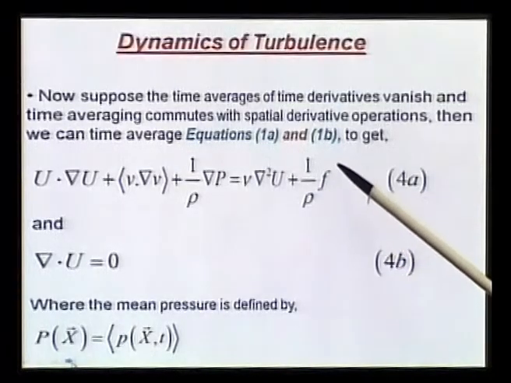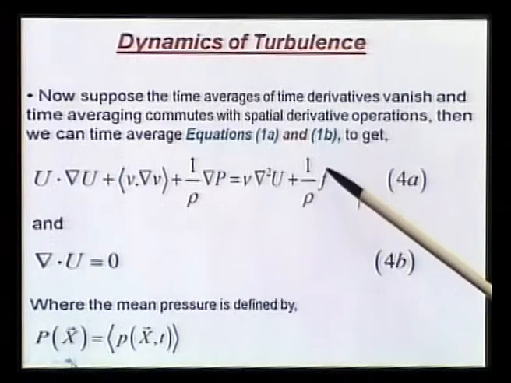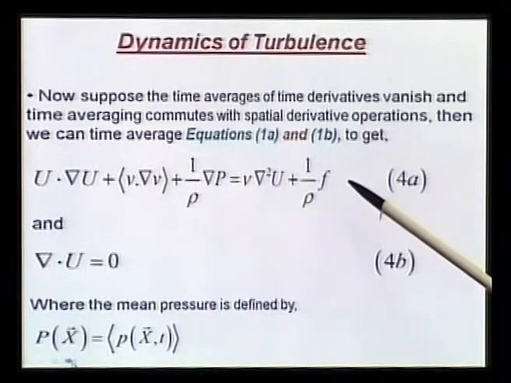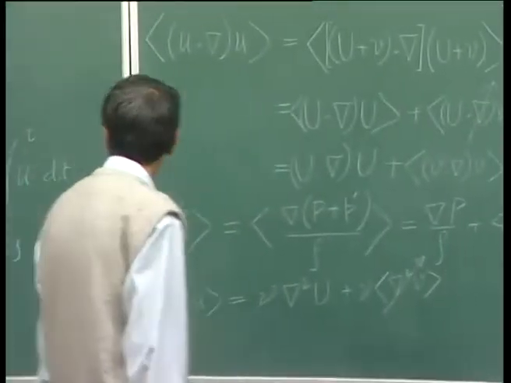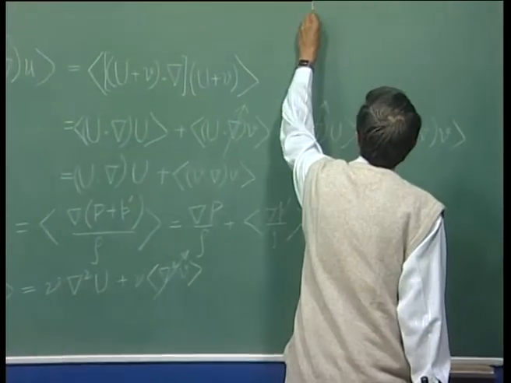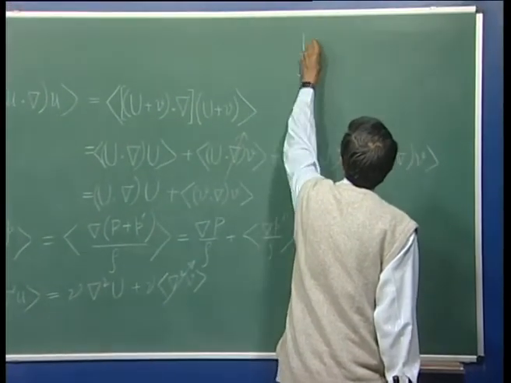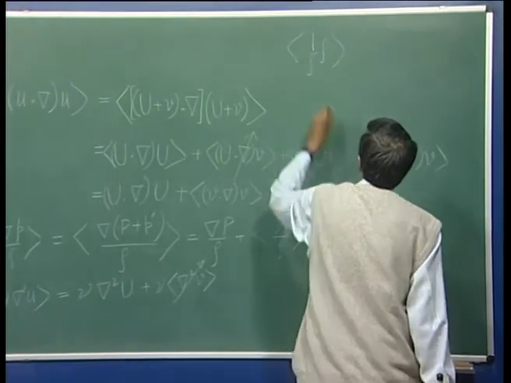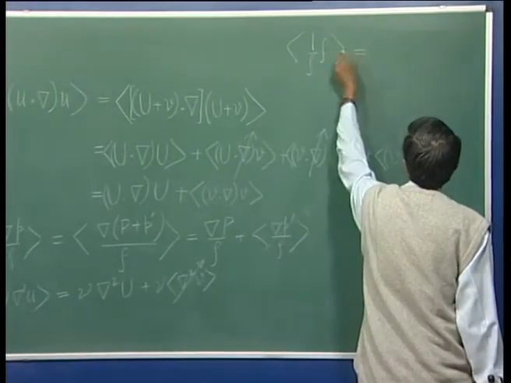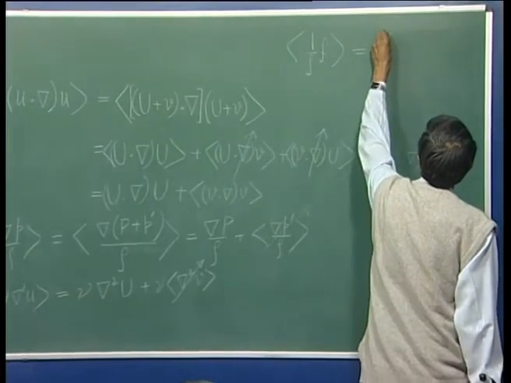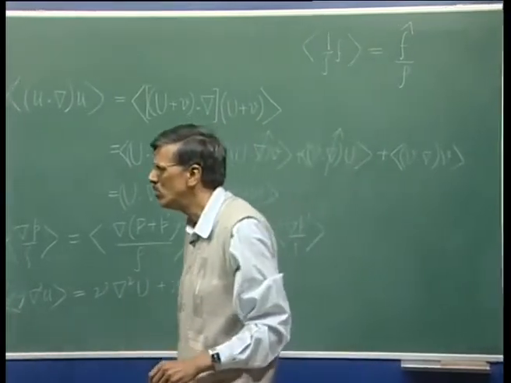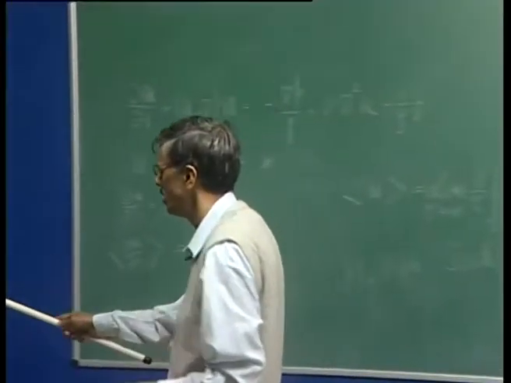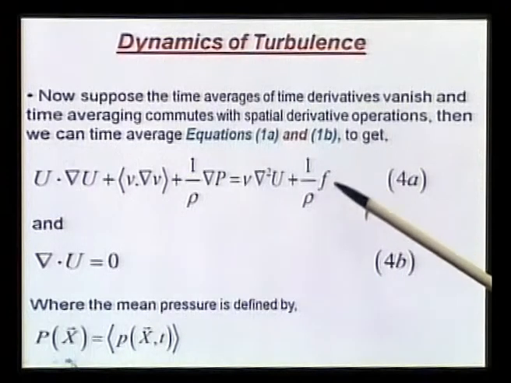Well, I admit that we should have indicated this by a different symbol, because that term is coming from here. So, what that term gives us, we should write like this, 1 over rho f time averaged term. Let me call that time average term f hat. This is that. Okay.